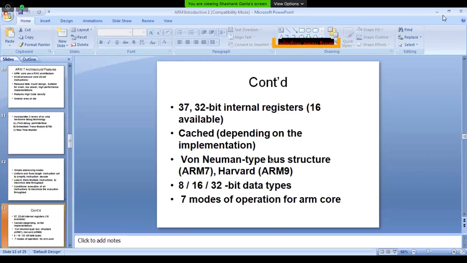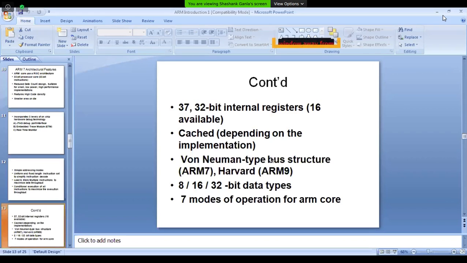But though there are 37 registers, each 32-bit in size, a programmer at a point of time, in any of the available modes of operation in the ARM architecture, will not be allowed to access more than 16 registers. Though physically there are 37 registers, we cannot access all of them in a particular mode of operation.